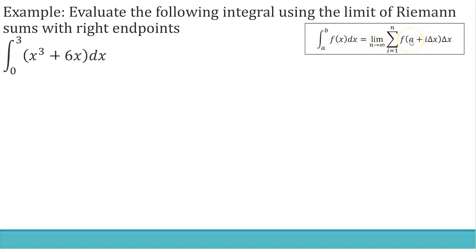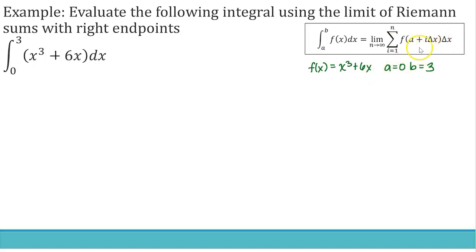Now, I'm going to do some scratch work off to the side before I actually move forward with this integral. I'm going to pull the function over here. I'm going to remind ourselves that f of x is x cubed plus 6x, and that a and b are the limits of integration, so a is equal to 0 and b is equal to 3, so that I can start to find this f of a plus i delta x times delta x quantity.